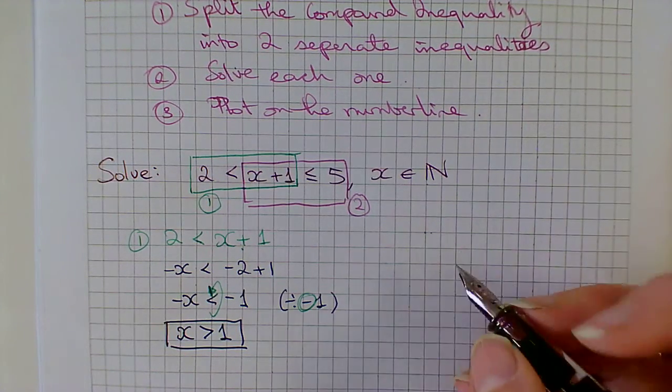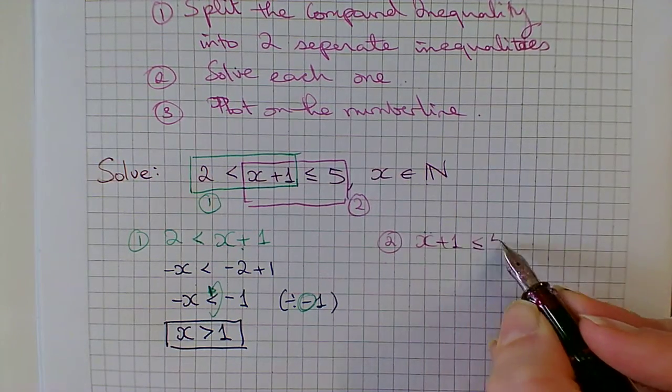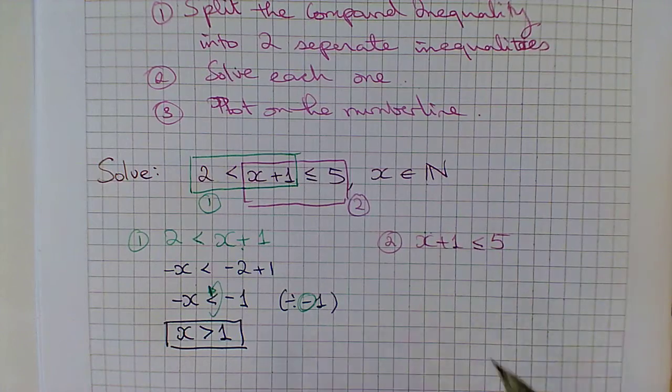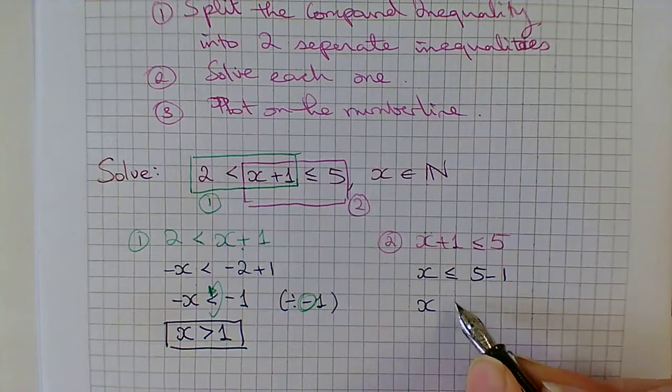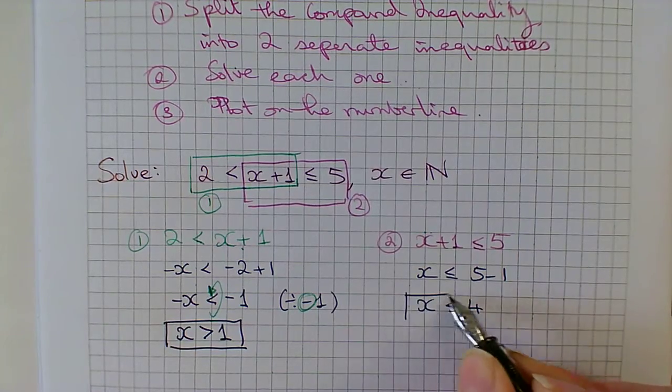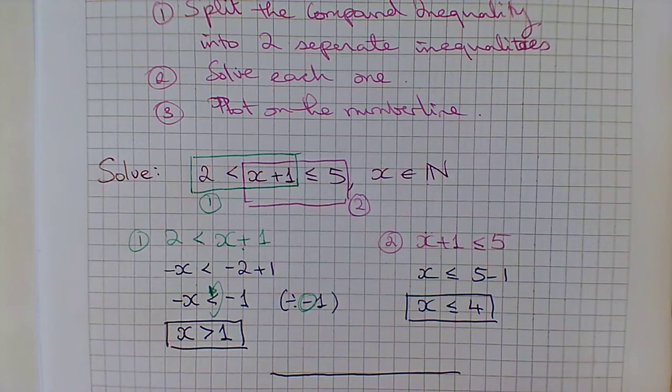My second piece of information, x plus 1 is less than or equal to 5. Again, letters left, numbers right, so x is less than or equal to 5 minus 1. X is less than or equal to 4.